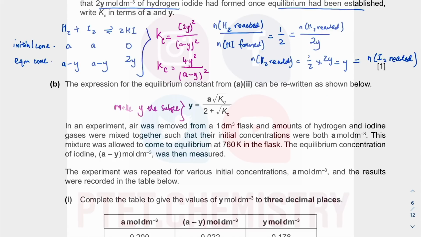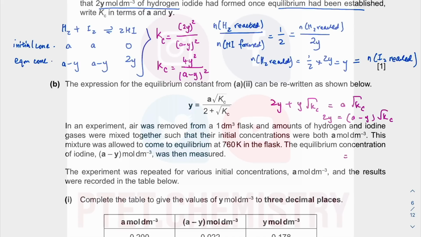What I'll do is, because here you see you have y on top and y at the bottom, it's not easy to make y the subject. Let me see what I can do, yeah? 2y plus y Kc is equal to A Kc. So A minus y Kc is equal to 2y.